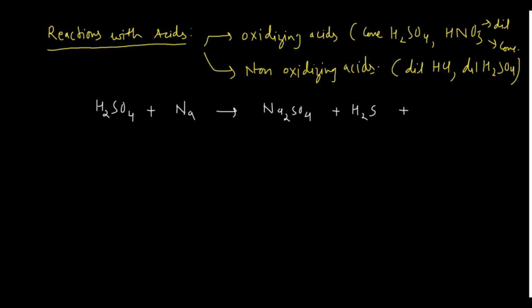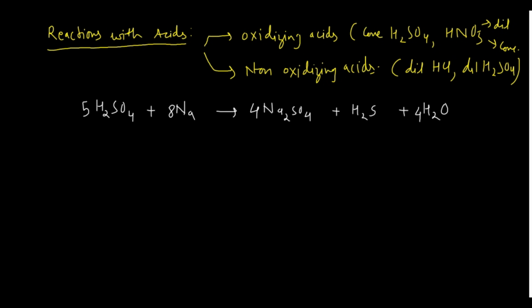And then the water molecule. These reagents would be there. If you want to balance this particular reaction, then you will need 5 of H2SO4, 8 of Na, that means 4 of sodium sulfate, H2S is there, and of course 4 of water molecule. Okay, so here 4 and 1. This is the balanced reaction, right?